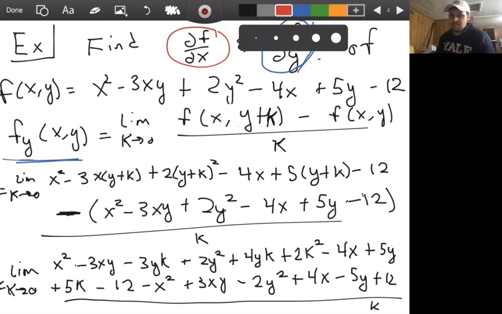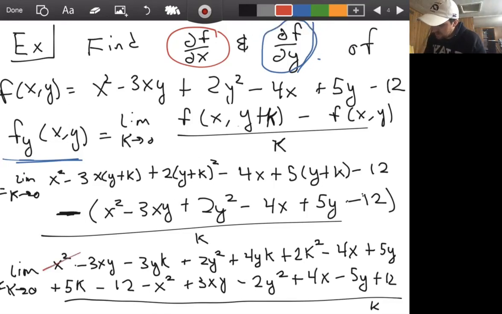Let's see what cancels. I see a plus x squared, I see a minus x squared, so those cancel. I see a plus 3xy and I see a minus 3xy, so those cancel. I see a plus 2y squared minus 2y squared, plus 4x minus 4x.